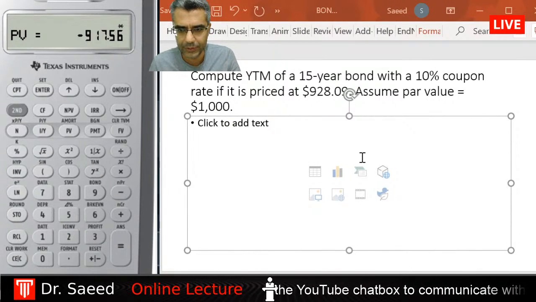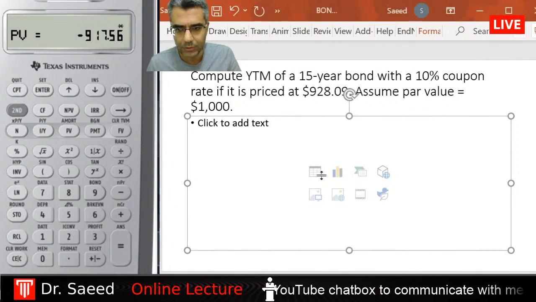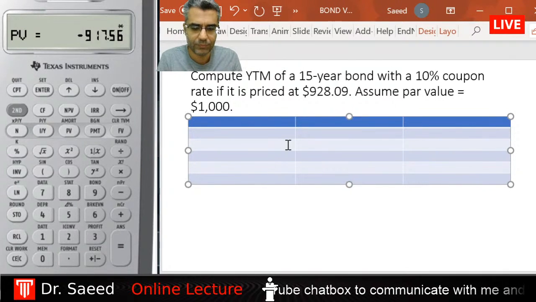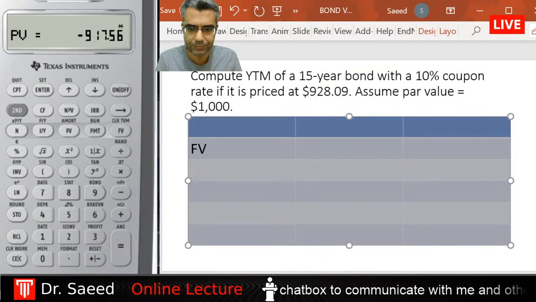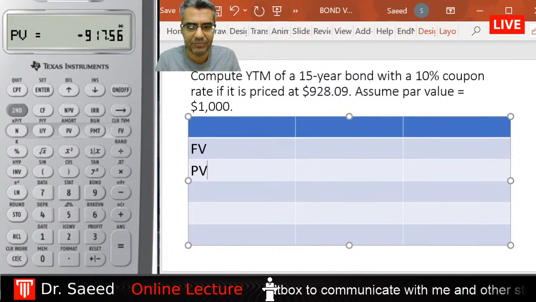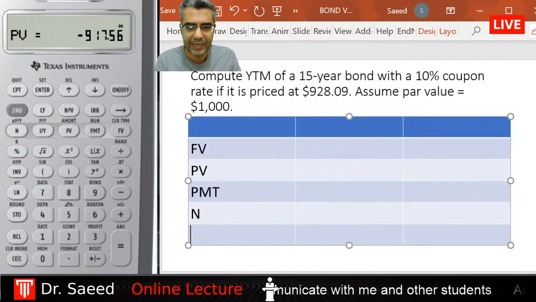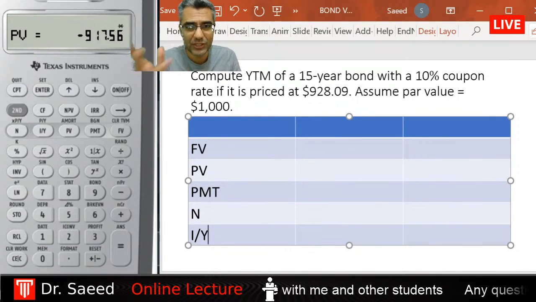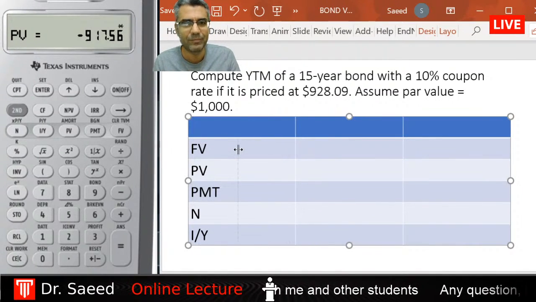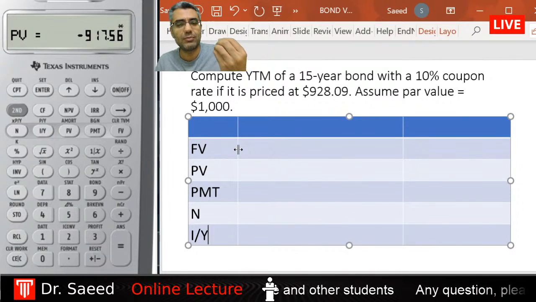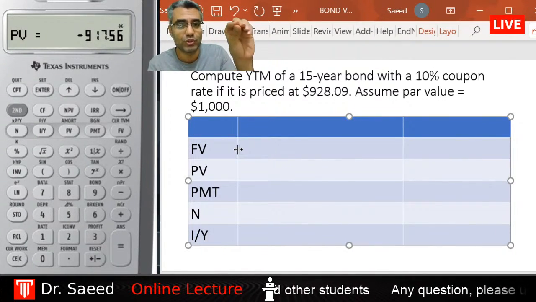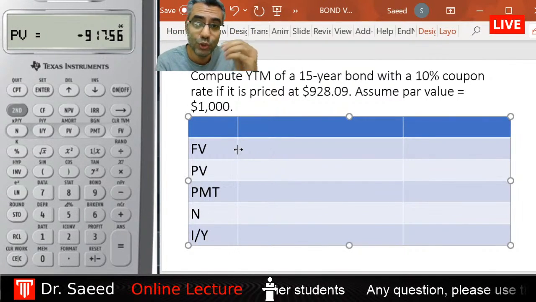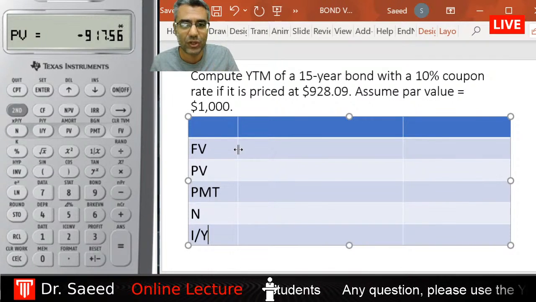As usual, there are 5 parameters: future value, present value, which means today's price, PMT or coupon payments, and N, and we want to compute yield to maturity or interest rate, right? Market interest rate and yield to maturity are the same thing, just in different contexts. When you want to compute price, you put in market interest rate in the formula. But when you want to compute your earning on this bond, this is called yield to maturity.